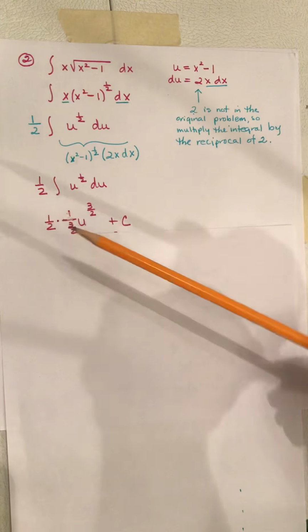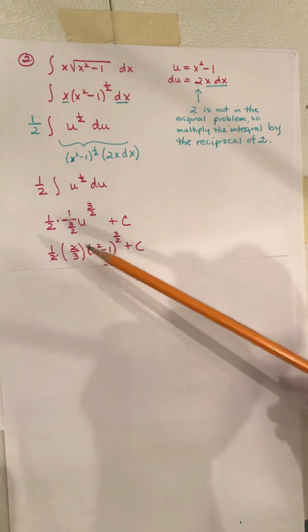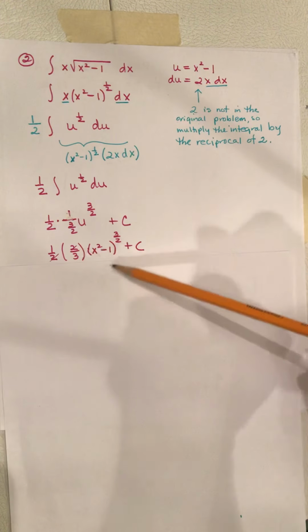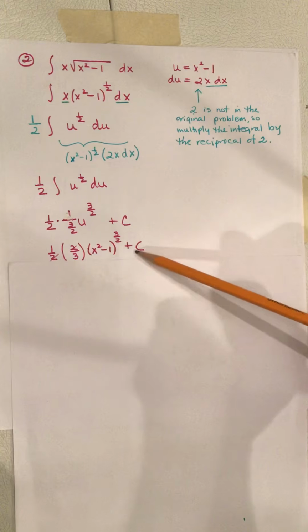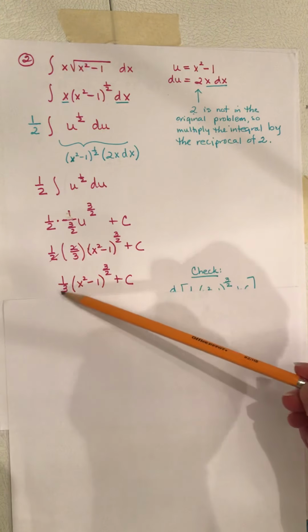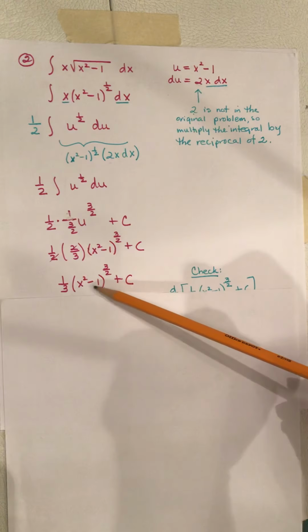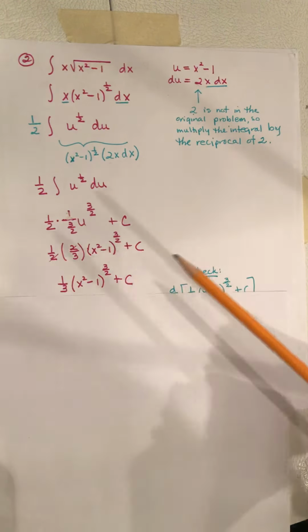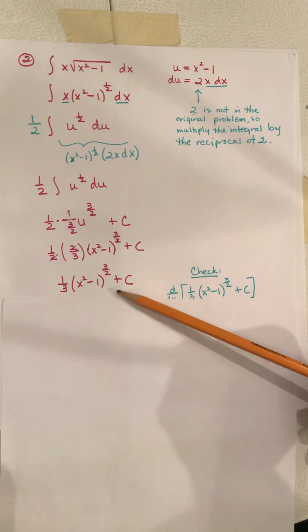And we bring down the 1/2 in front of the integral. Now I have 1/2. 1 divided by 3/2 is 2/3. (x squared minus 1) to the 3/2 plus c. 1/2 times 2/3, the 2's cancel, and I get 1/3 times (x squared minus 1) raised to the 3/2 plus c. Okay, that's our answer.